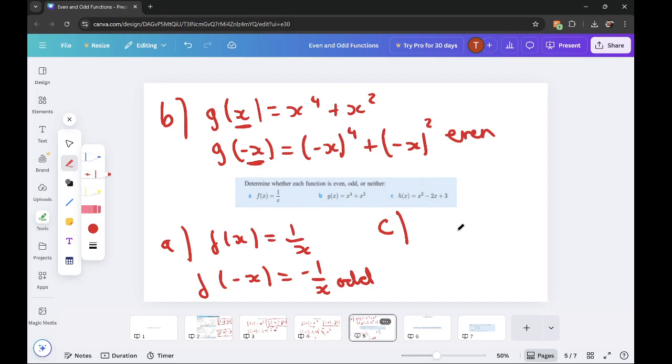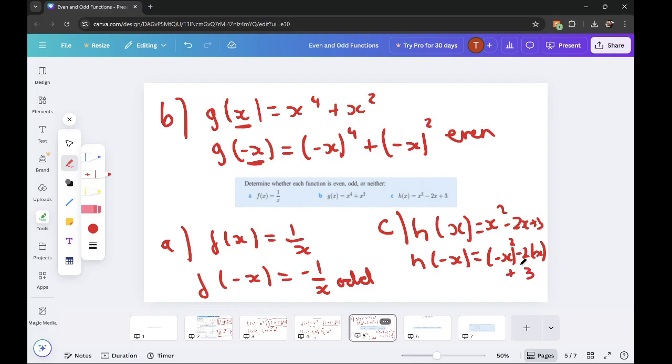Over here we have x squared minus 2x plus 3. So this is a little bit tricky. We do the same thing. We still plug in negative x into our equation. So it goes negative x to the power of 2 minus 2 times negative x plus 3.